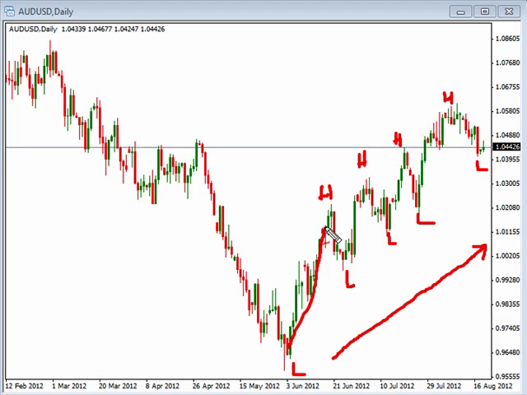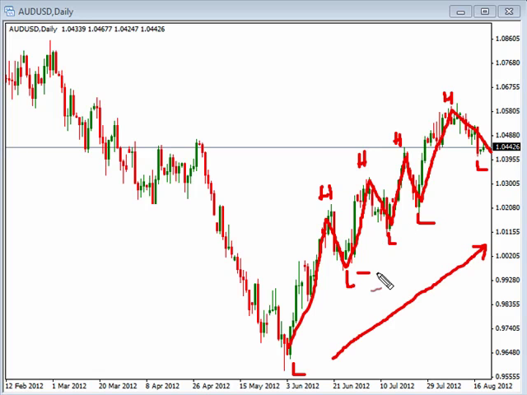And you can see here that we meet the criteria for the pattern that we're looking for in an uptrend, which is higher highs and higher lows. Now, the reverse would be true if we were looking at a downtrend. We'd be looking for lower highs and lower lows.